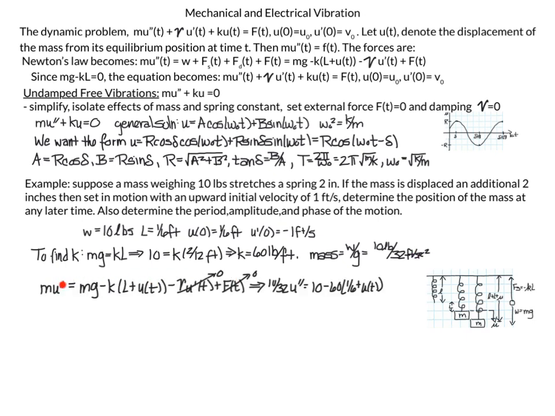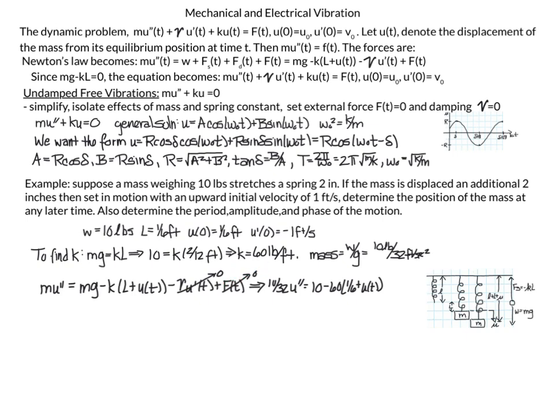Here I copied my equation from over here: mu″ is equal to mg minus kL plus... minus our damping times the derivative of the position, plus F(t). So I wrote that down here. And again, looking here, there's no damping and there's no external force.